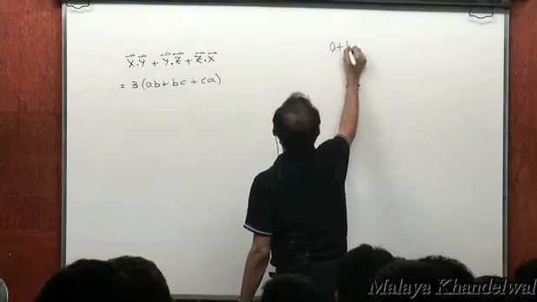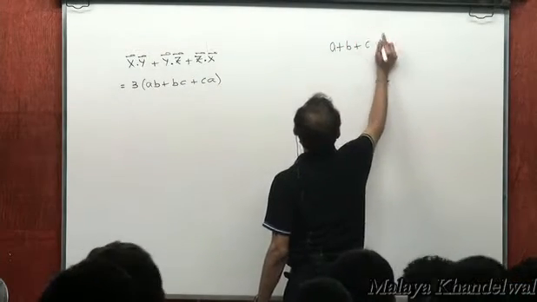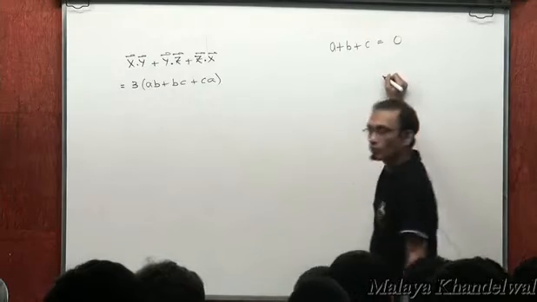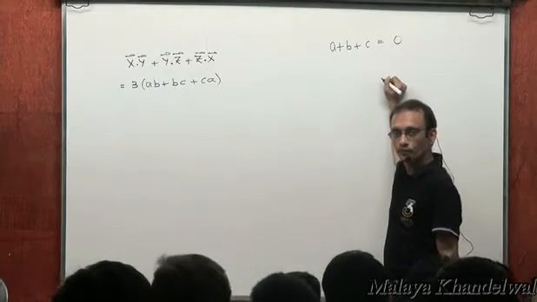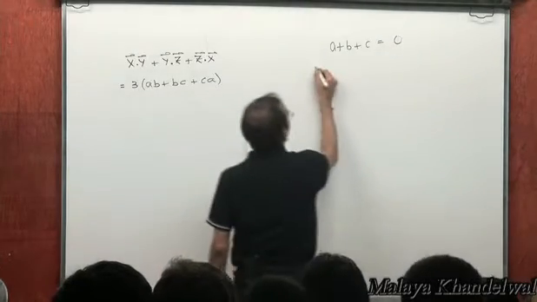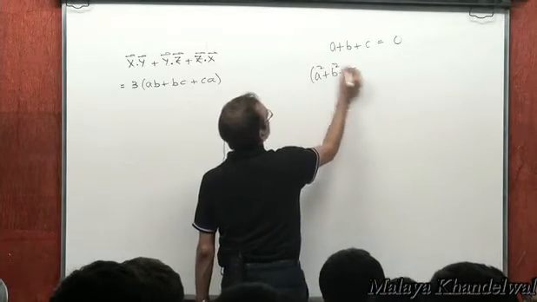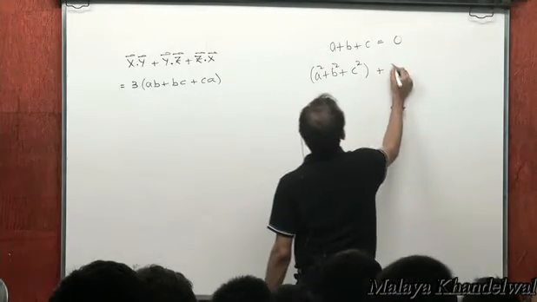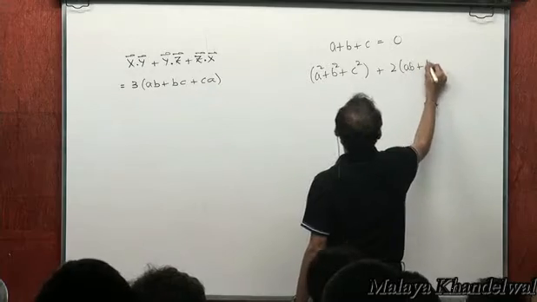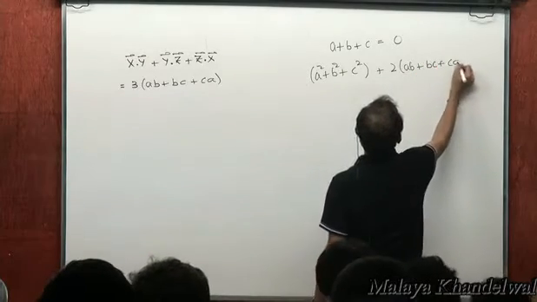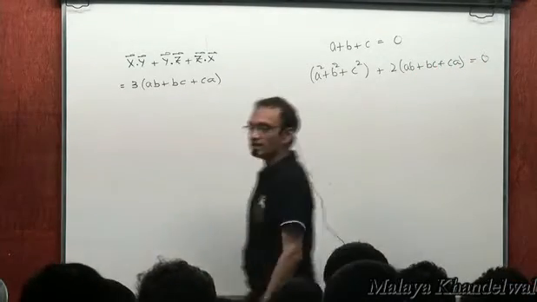Now, if a plus b plus c is 0, then squaring both sides, a square plus b square plus c squared plus twice ab plus bc plus ca is 0.